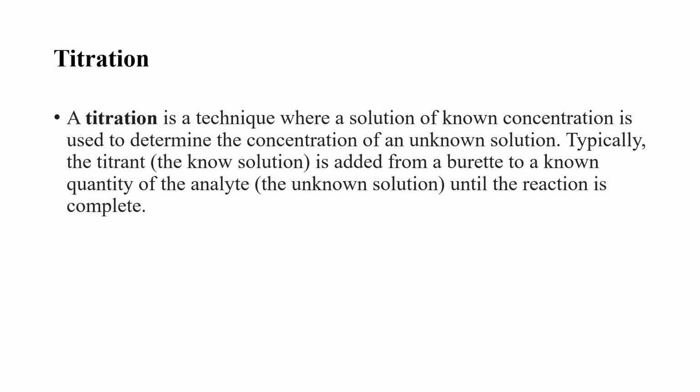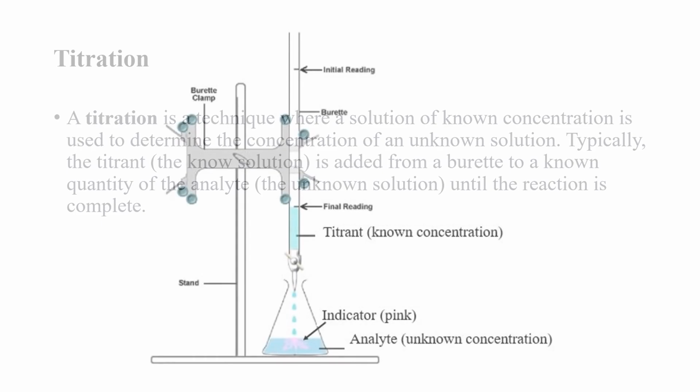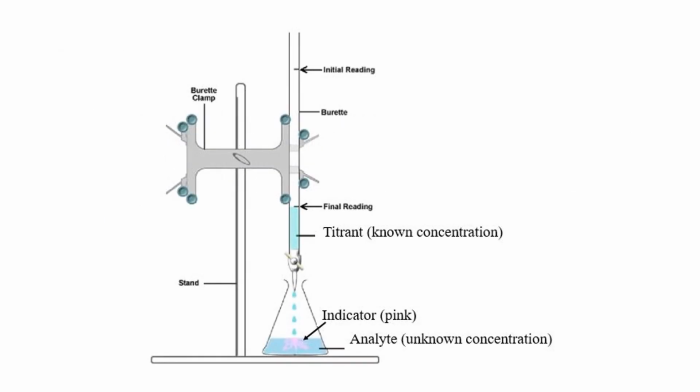The known solution will be taken in the burette and the unknown solution, that is known as the analyte, will be taken in the conical flask. The very important thing that we will use in this type of titration is an indicator. Many different types of indicators are used in chemistry. The most famous indicator used for titrating a strong acid against a strong base is the phenolphthalein indicator, that is pink in color.